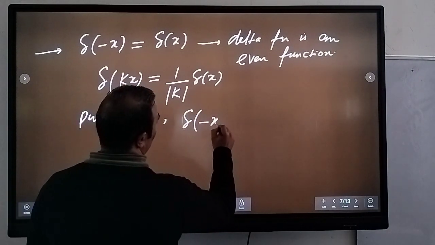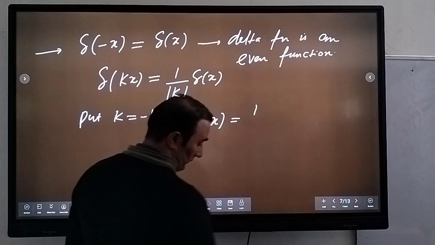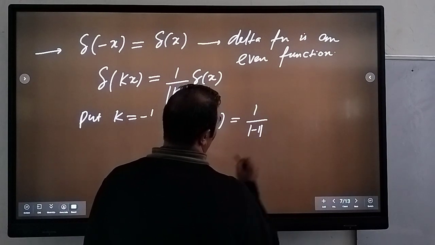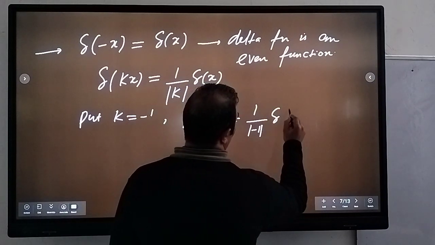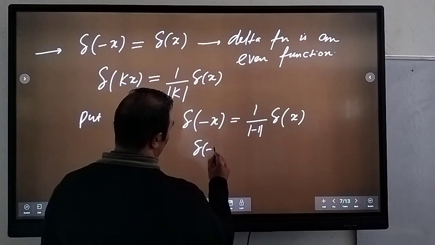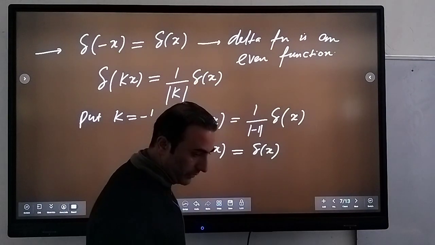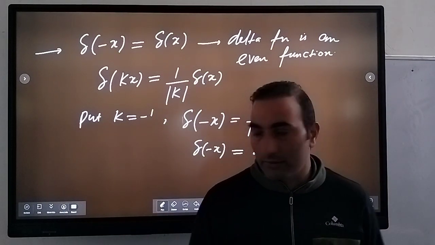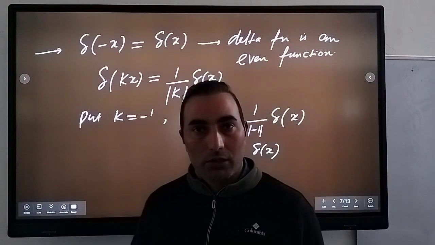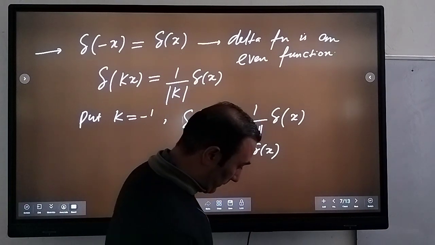That's delta of minus x, because our k is -1. That's 1 by mod of -1 and delta of x. So delta of minus x is equal to delta of x. So that means it's an even function, because we are taking the mod of this, that's -1, so it's +1. Take only magnitude, and delta of minus x will be delta of x.